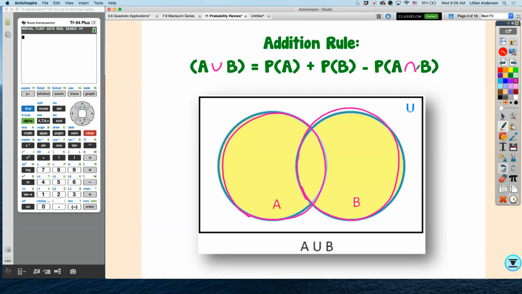Because if you count the probability of A and the probability of B, you are essentially counting that intersection twice. And so you want to make sure that you subtract that intersection to get the union. Okay? So the probability of A intersection B is that inside area, and then the union is what you see shaded in yellow.